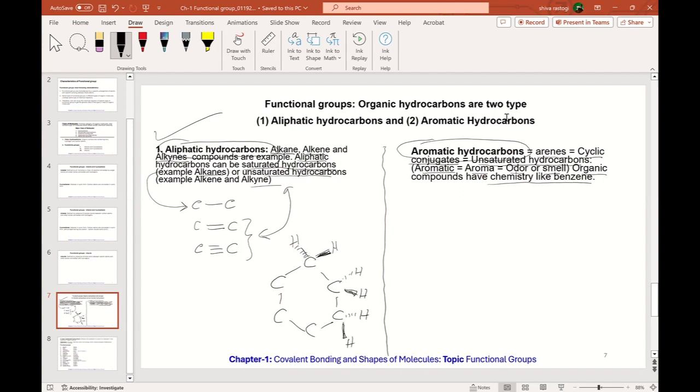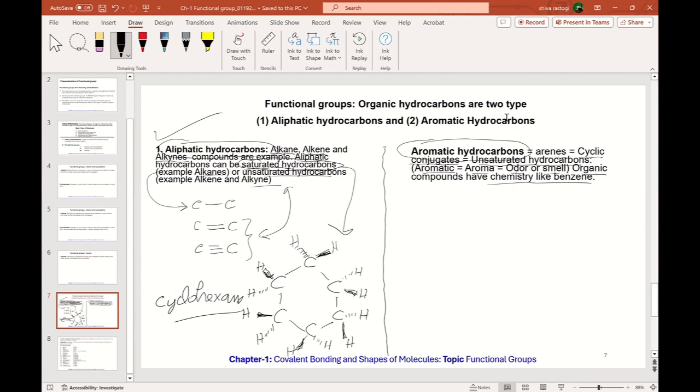So you can see all these hydrogens, and the name of this compound is cyclohexane. So basically I'm talking about the saturated hydrocarbon. This is the example of saturated hydrocarbon.